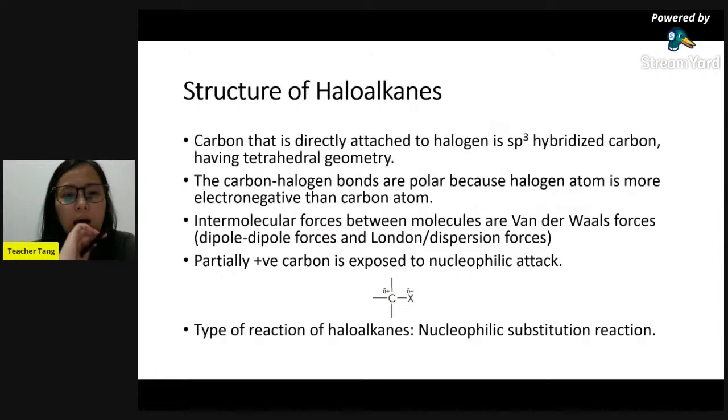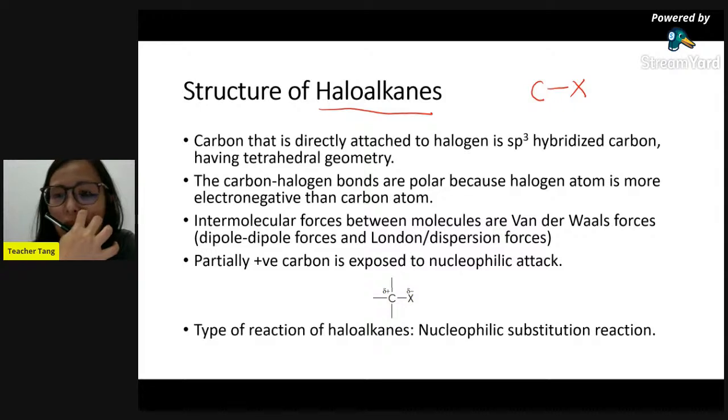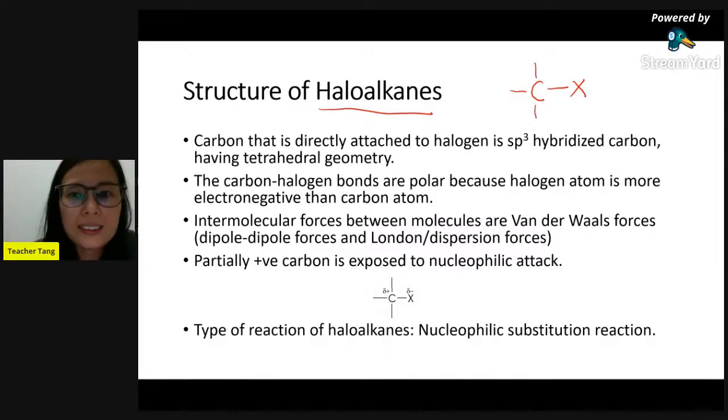So after being done with the IUPAC nomenclature, now we move on to look at the structure of haloalkane. In haloalkane, as I told you just now, the halogen is attached to the sp3 hybridized carbon. This sp3 hybridized carbon has tetrahedral geometry.